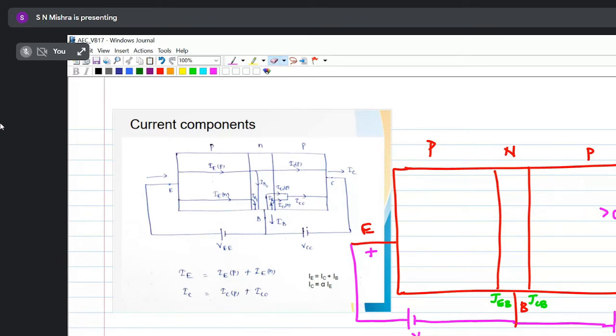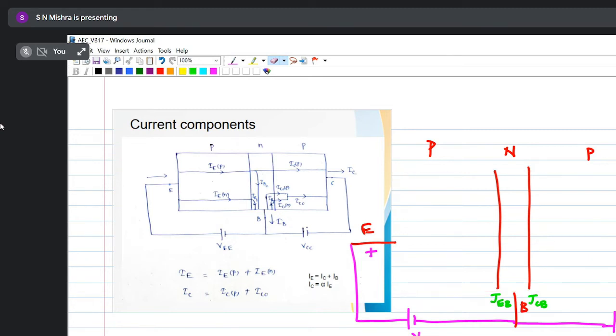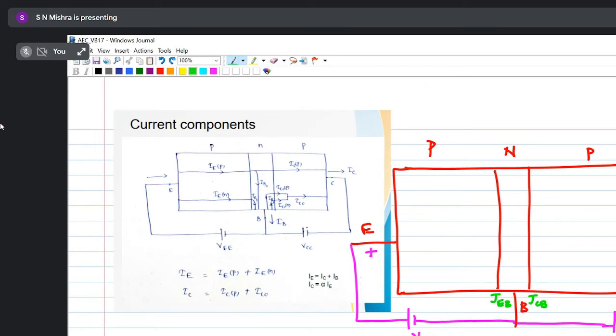Now consider the first PN junction, the emitter base junction. Is this junction forward biased or reverse biased? Tell me. Are you able to visualize this junction? This is a PN junction.